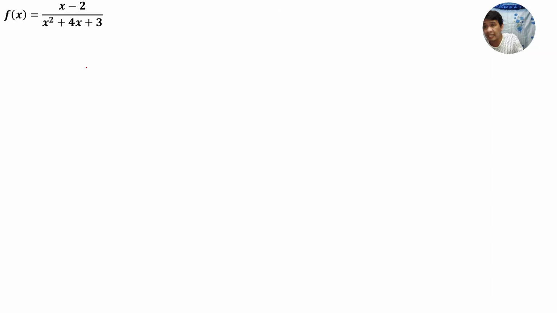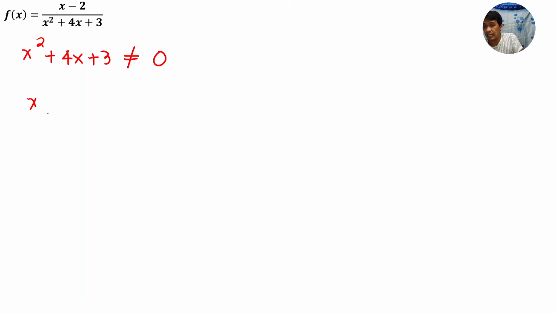Notice that our function is in the form of a numerator divided by a denominator. To get the domain, we have to equate the denominator, x squared plus 4x plus 3, to 0, because the denominator is not allowed to be 0.